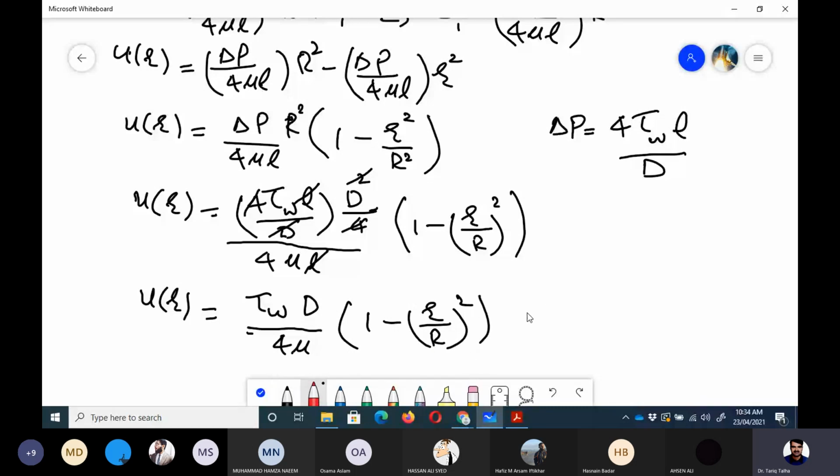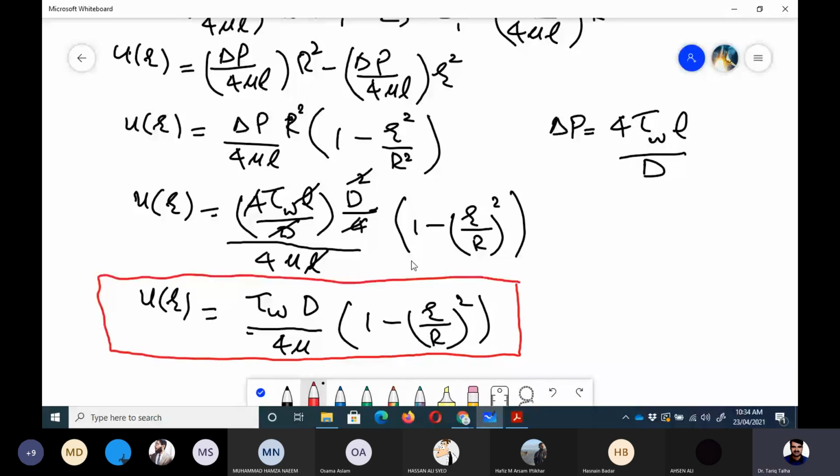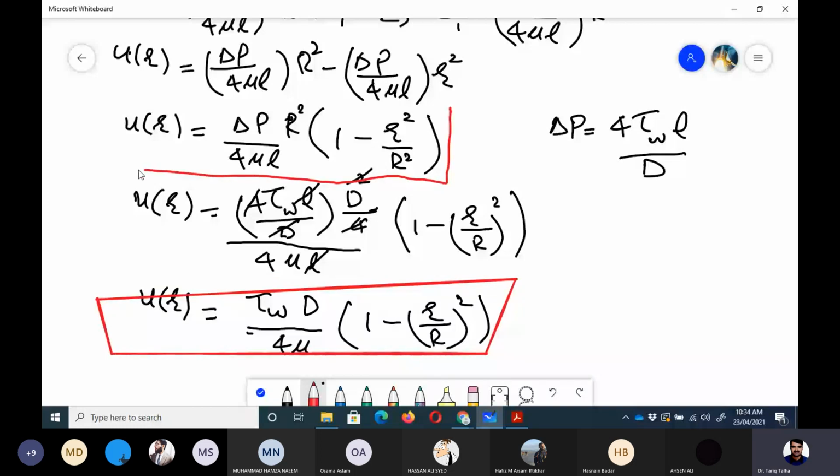So these are the two relations. One is this and one is this one. These two relations tell us the relation of velocity with delta p.